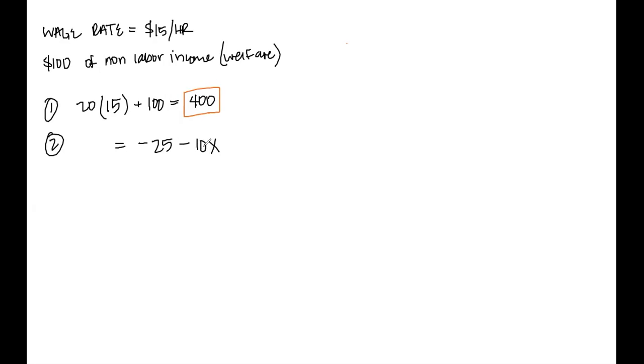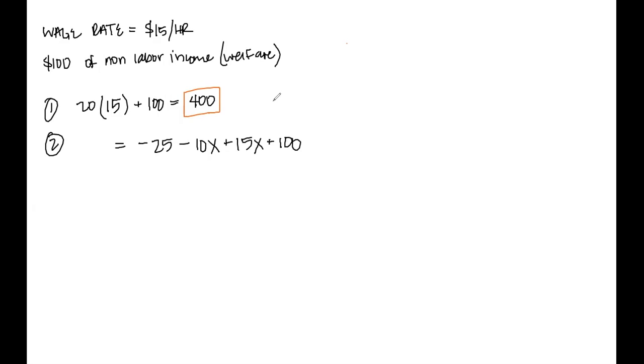But then, so this is going to affect how much money she's making. But then we can also put back in the amount of money she is making still from working. So she's making $15 an hour still, so we can add in 15x. And she's still receiving $100 of non-labor income. So this equation we're making is just the combination of all the costs and benefits she's receiving.